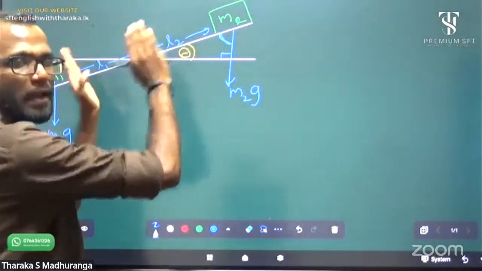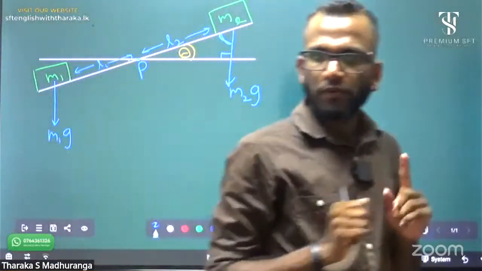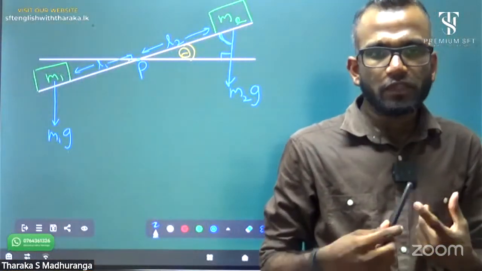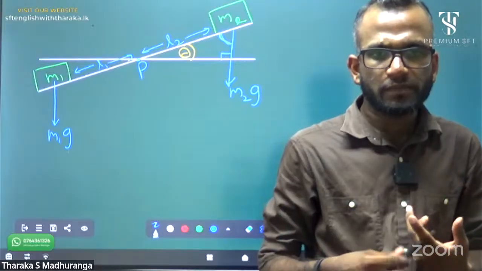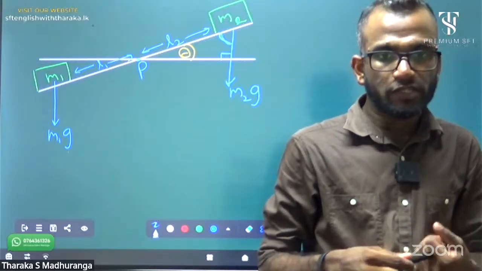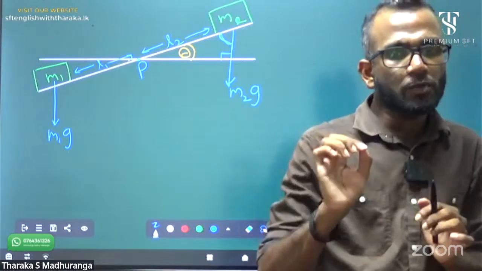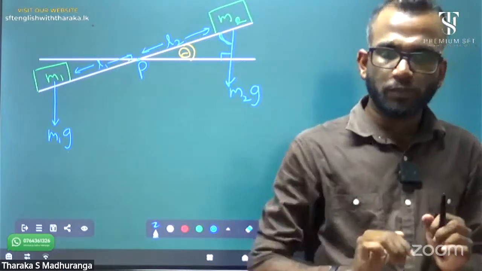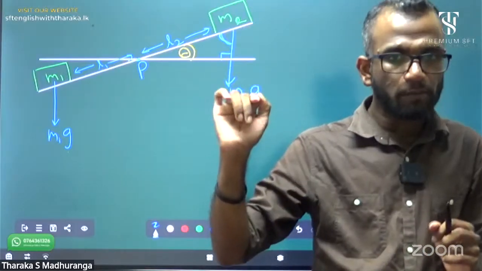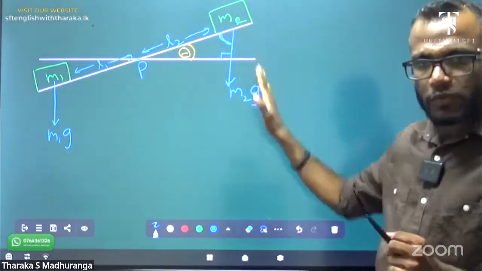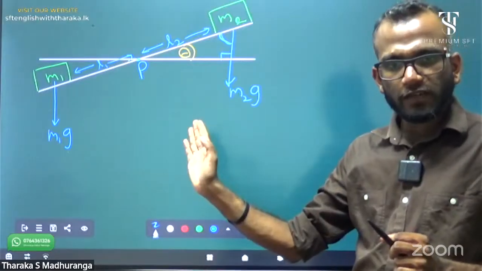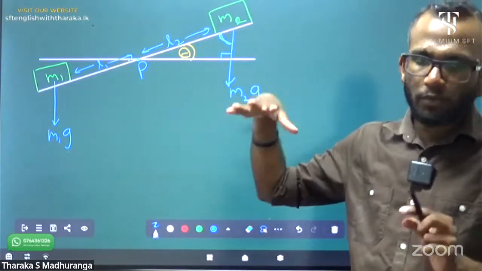If it is balanced, you already know the equation. The clockwise moment of force is equal to the anti-clockwise moment of force. P is the rotating point. M2G moment of force equals M1G moment of force.